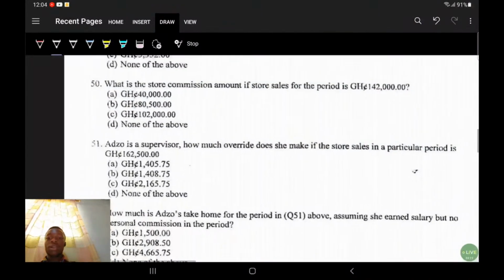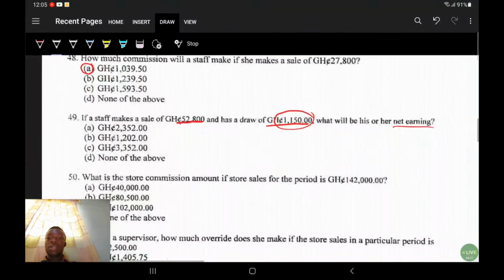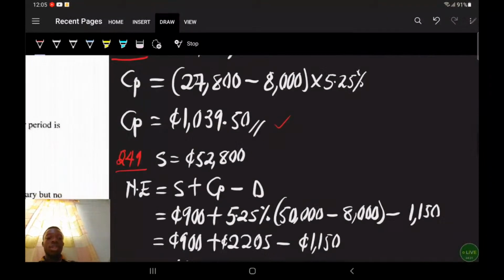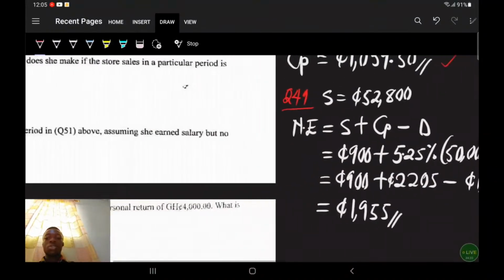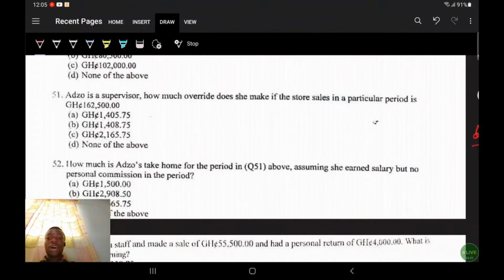For question 49, none of the options match, so we're going to take option D, which is none of the above. So let's take note of that.